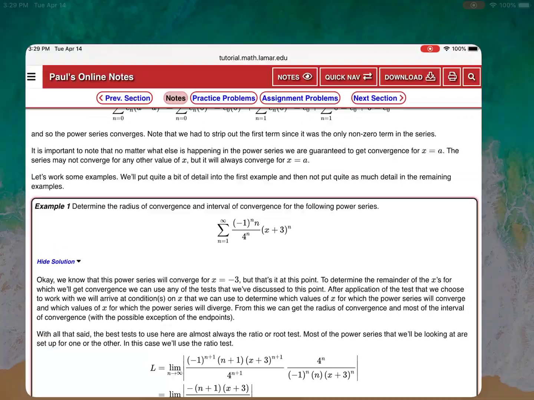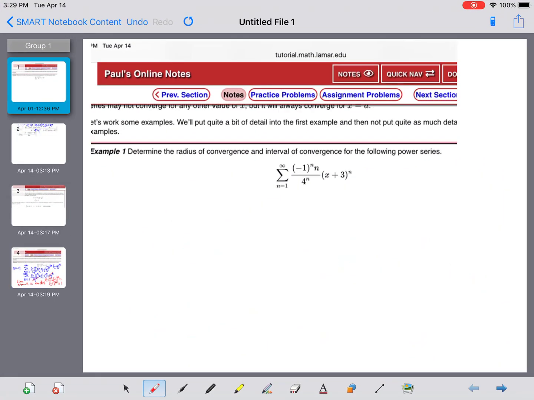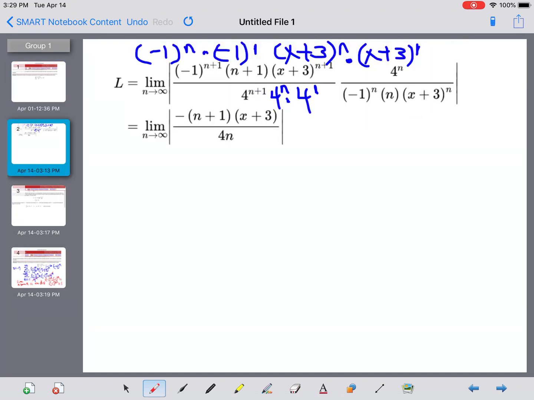So let me switch to my smartboard. Now on the next page, we use the ratio test. So a sub n plus 1 is all of this first part here.